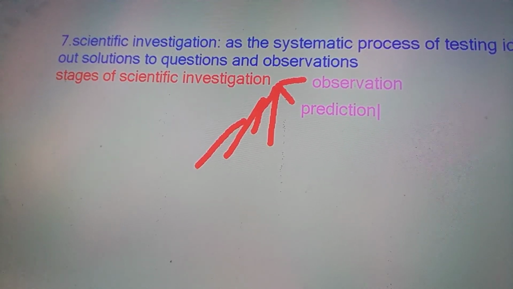We say prediction, or some say hypothesis.